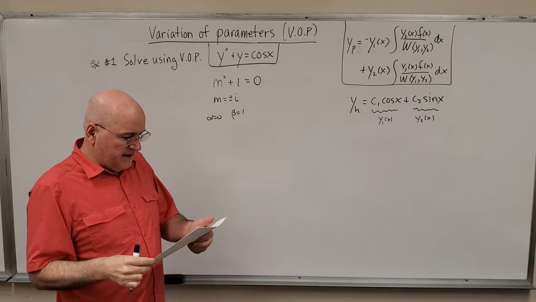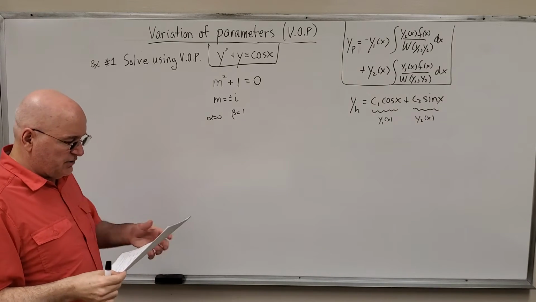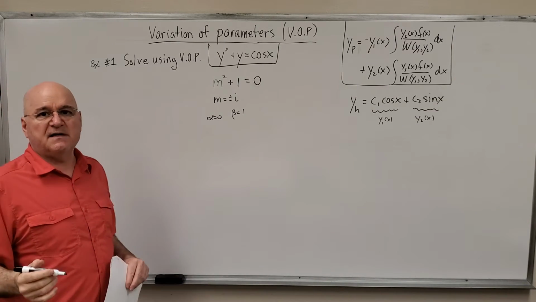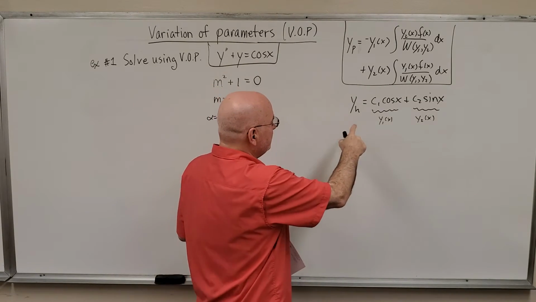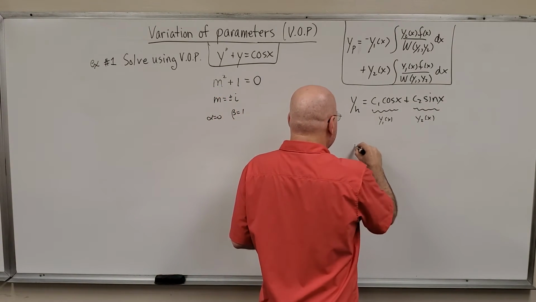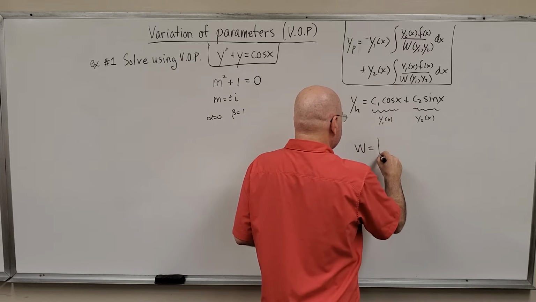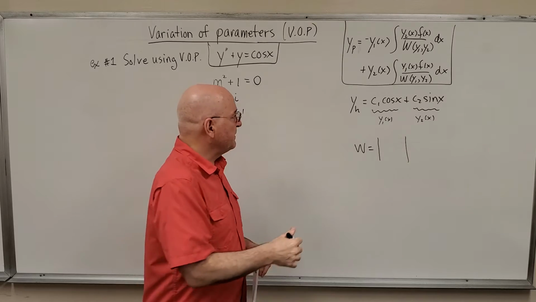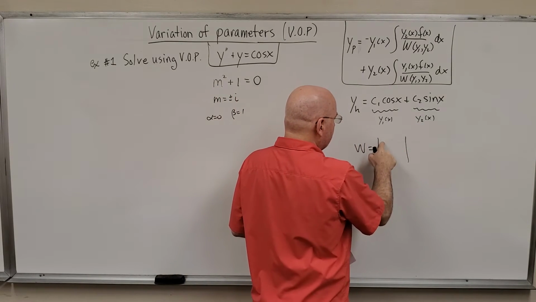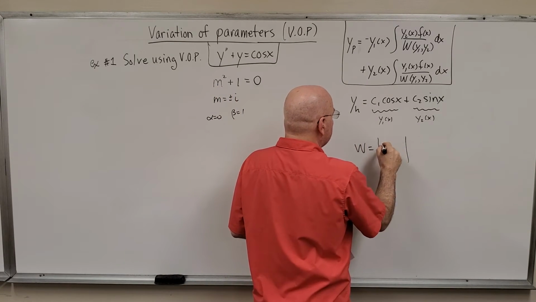And since we've got the homogeneous solution, let's just compute the Wronskian right now. We know we need that to find the particular solution, and we've got y1 and y2 here, so the Wronskian is the determinant of the matrix, where you take y1 and y2 and put them right here on the first row.